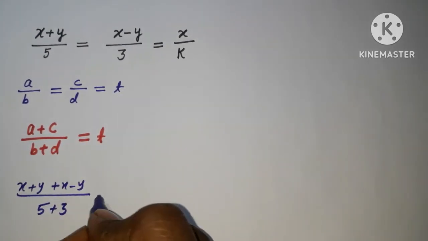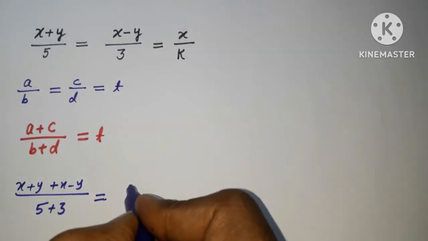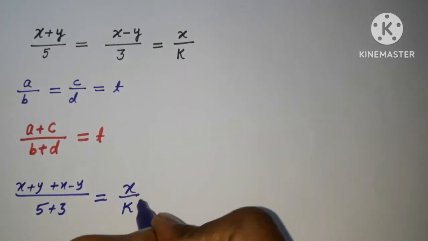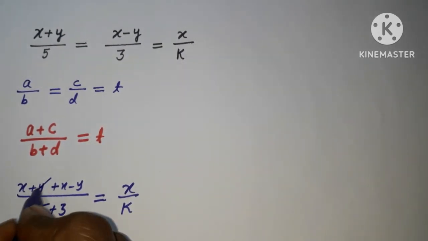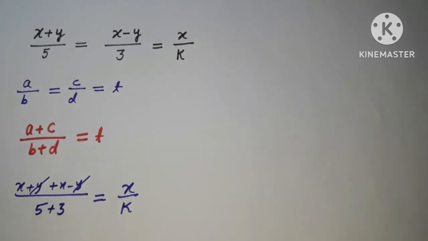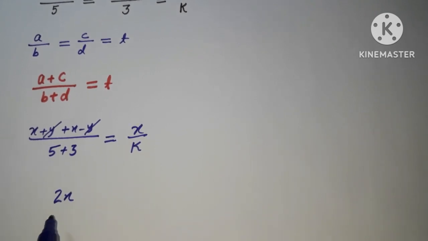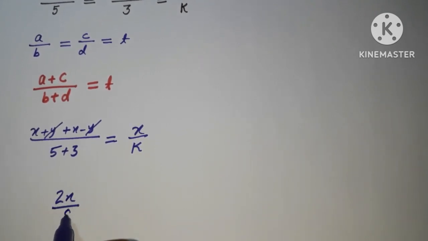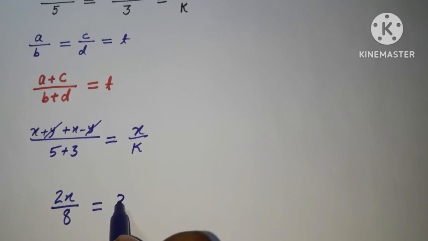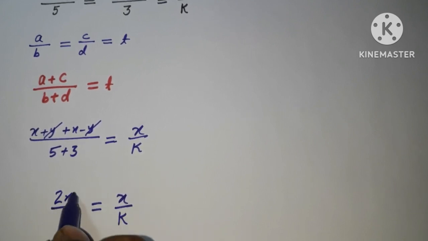That is equal to x/k. Here we cancel y, so we have x + x, that is 2x, and this is going to be divided by 8, equal to x/k. Simply we can cancel x.